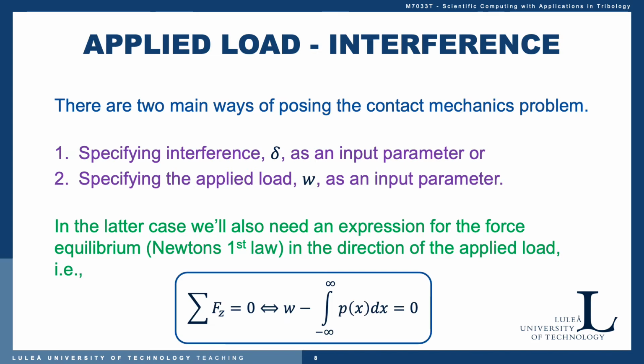That is, the sum of forces in that direction should equal 0, and if we denote the applied load W, then W minus the integral of the pressure should be 0. And here the pressure could be in one or two dimensions. It's just a generalization of Newton's first law in terms of the pressure.